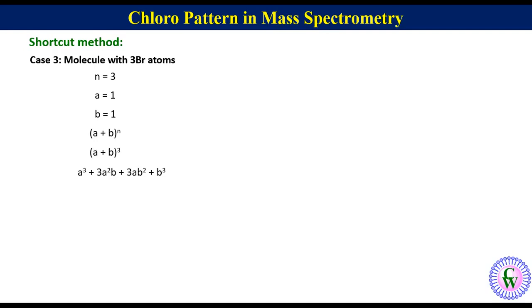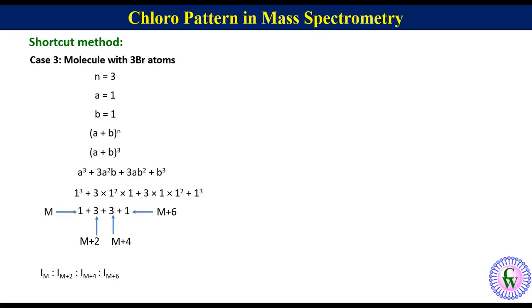Putting the values of A and B will give 1 power 3 plus 3 into 1 square into 1 plus 3 into 1 into 1 square plus 1 power 3, which will be equal to 1 plus 3 plus 3 plus 1. These are the relative abundance of M, M plus 2, M plus 4 and M plus 6 peaks. Thus, the intensity ratio of M, M plus 2, M plus 4 and M plus 6 peaks will be 1:3:3:1.